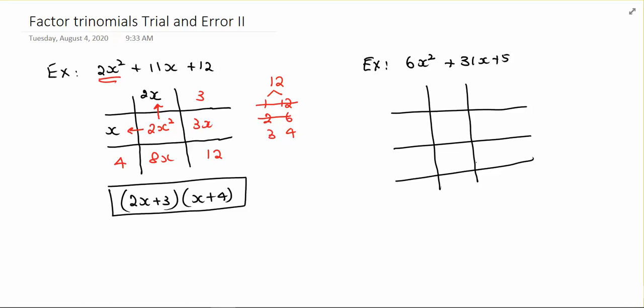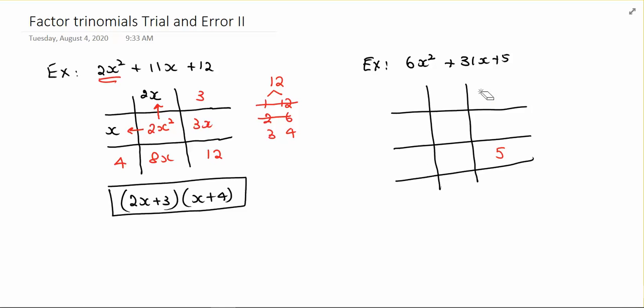And I always start with a corner that I know I have few choices, or really no choice. And so when I look at this, 6 is a problem. 6 can happen a couple of ways. It can be 1 and 6, 2 and 3. On the other hand, 5 only gives me one choice. So 5, it has to be 1 here and 5 there. It has to be that. No other way am I going to get 5.